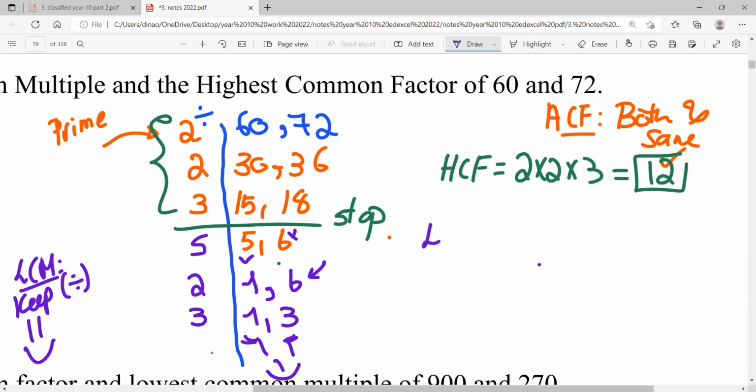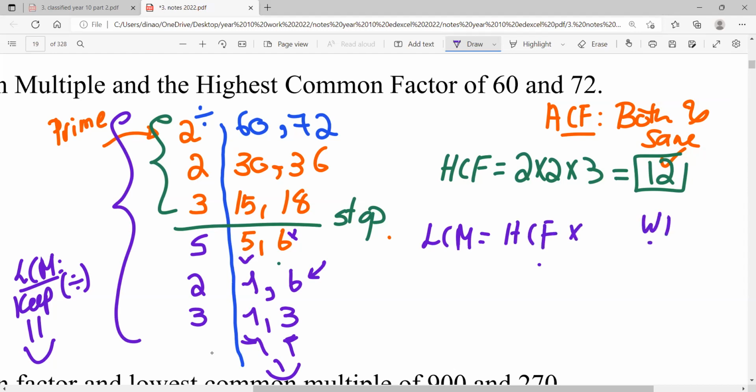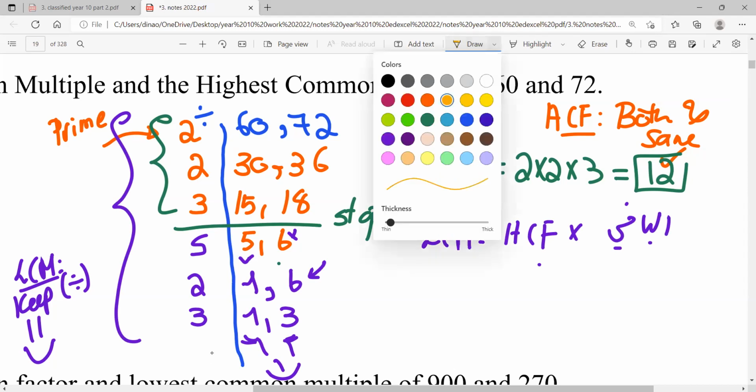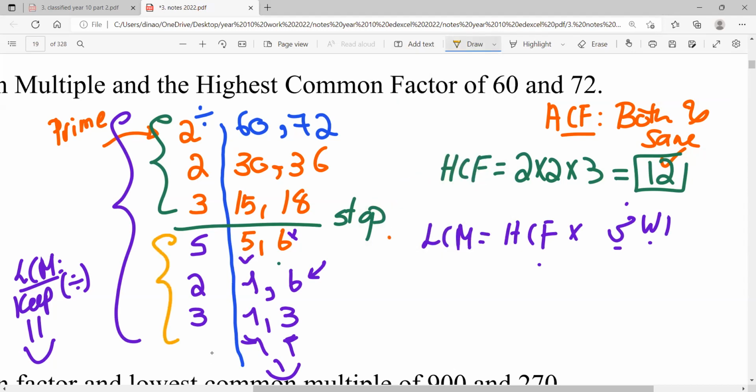And now the answer: how do I find LCM? We said all of these multiplied together. Or in other words, the LCM is the HCF multiplied by the remaining numbers. Who are the remaining numbers, lovelies? These are the remaining numbers. So the HCF, which is 12, multiplied by these numbers, 5 times 2 times 3.